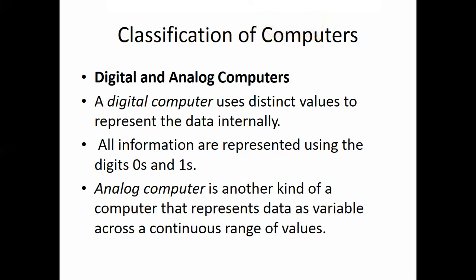One way of classifying these computer systems is by how they handle or represent data internally. Internally, what I mean is inside the computer. That's what we mean by internally.